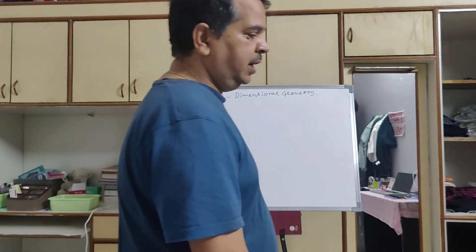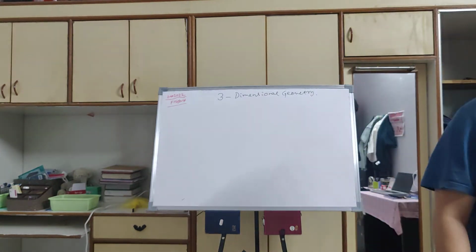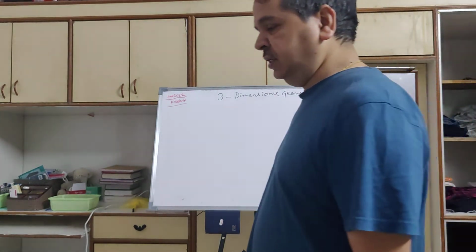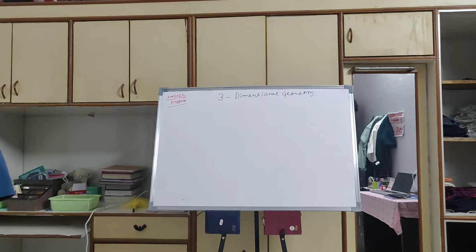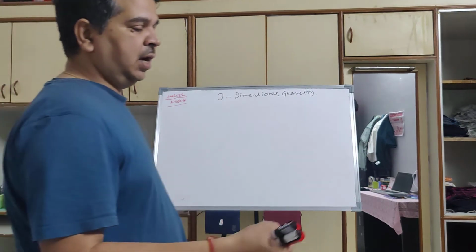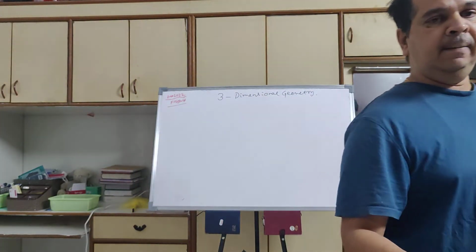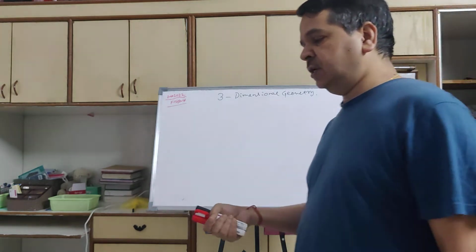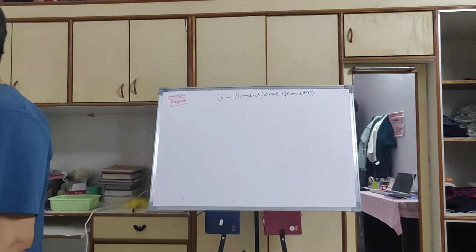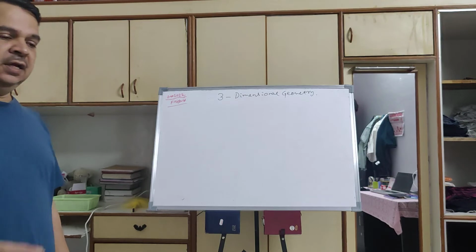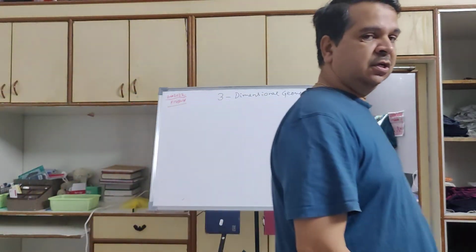If you know the radius of the circle, then x square plus y square is equal to r square. So that means x and y are any point on the circle, and if you know the radius, then you can write the equation of a circle.